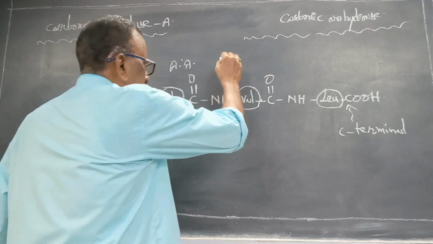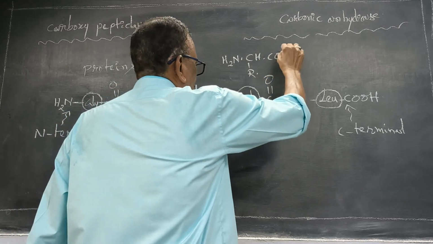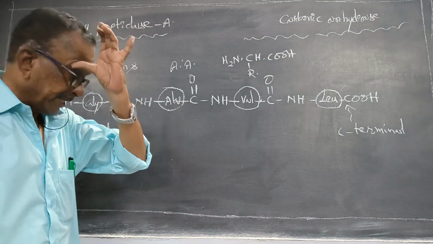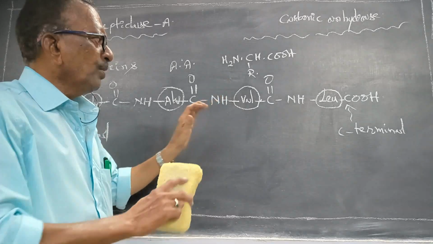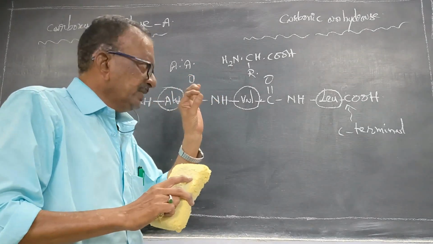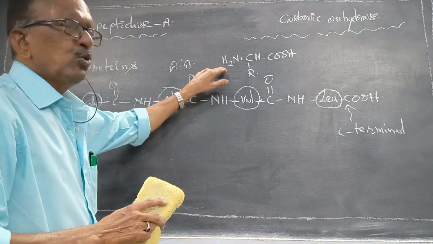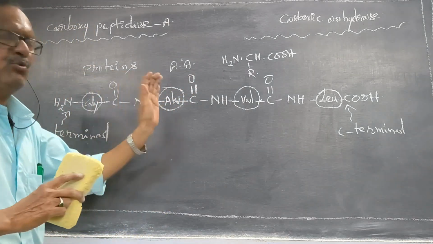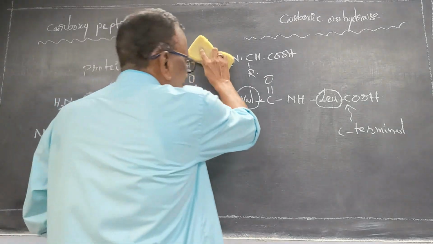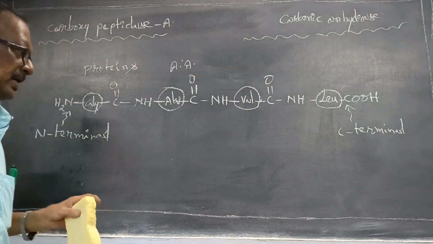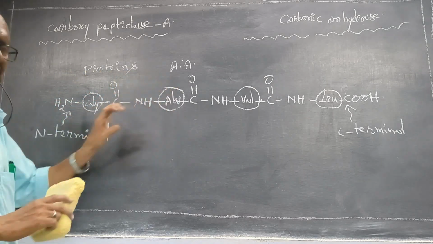In any amino acid we have NH2, CH, R, COOH, so an amino acid has two terminals, a carbon terminal and a nitrogen terminal. While writing the structure, you must show the amine group on the left hand side and the COOH group on the right hand side, even in the case of a protein. Next, in nomenclature, which you have already learnt, we must write the names of these amino acids in sequence.